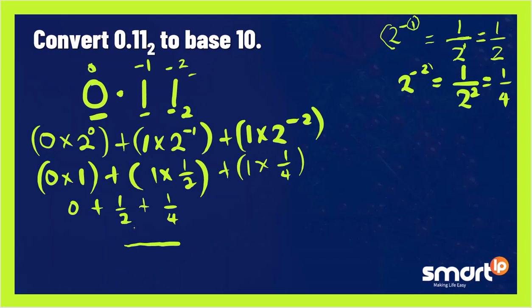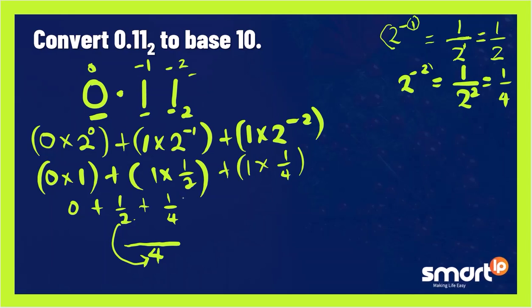Now ask: can the small denominator go into the big denominator? If 2 can go into 4, take 4 to be the LCM. Since 2 can go into 4 two times, we take 4 as our LCM, so we write 4 here. Next, how many 2s can go into 4?